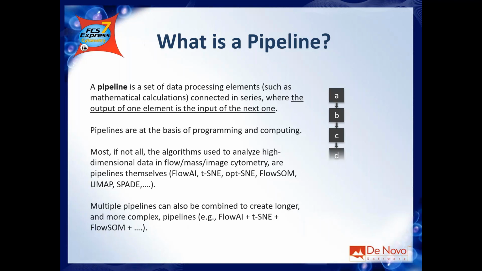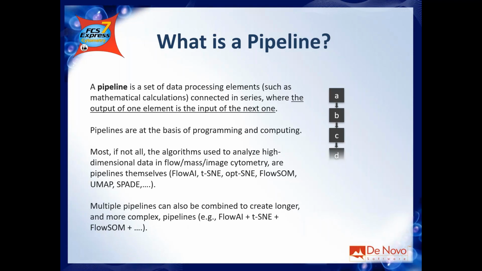Pipelines are very well known in the mathematical, statistical, bioinformatician field. They are basically at the basis of every programming and computing script. Now, I would say all of the algorithms are pipelines themselves, like FlowAI, tSNE, opt-SNE, UMAP, K-means again. And the beauty is that with pipelines, okay, you can combine all those algorithms.